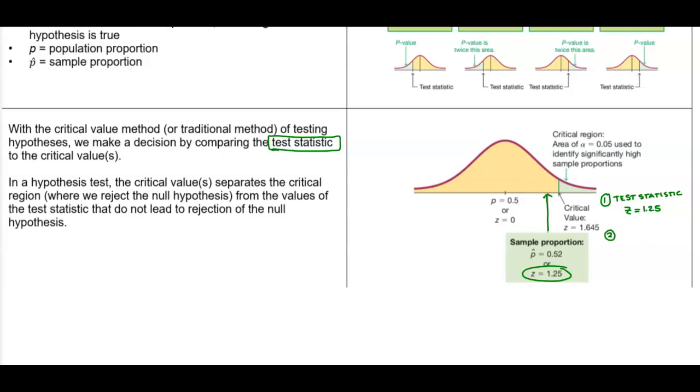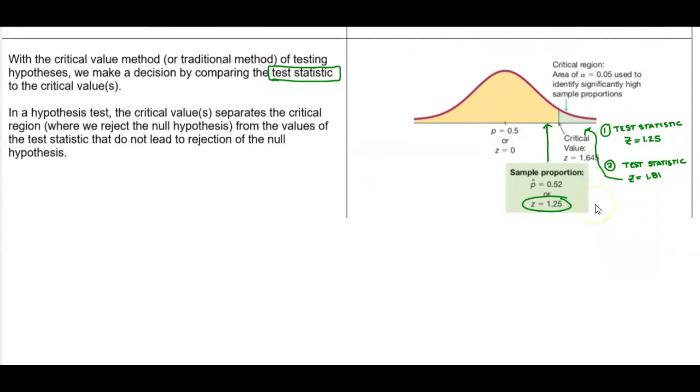And then what happens if we have a test statistic that is inside the critical region? So let's say we had 1.81. Well, then now it would be inside the critical region. Okay, so there's either going to be two scenarios. It's either going to be outside of the critical region or inside the critical region.